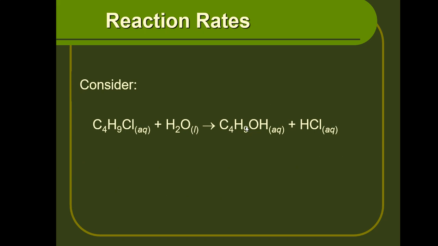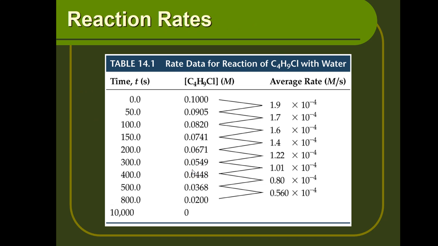Now in terms of instantaneous rate, let's consider this particular reaction of butyl chloride with water forming butanol and hydrochloric acid. In this particular reaction, we have here the first column, the time, and the second column is the concentration of butyl chloride and the corresponding average rate using a pair of values of concentration and time.